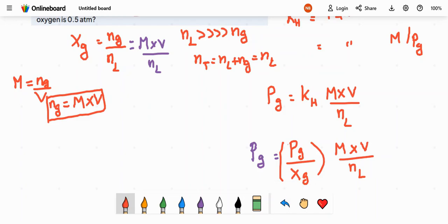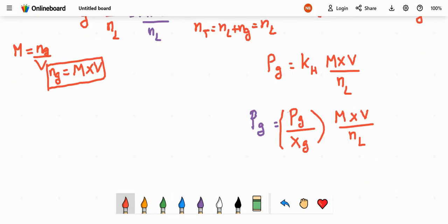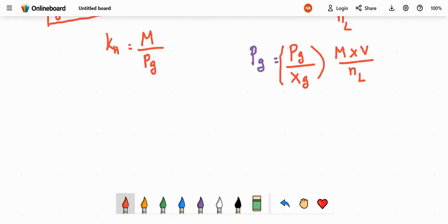And then here we are having only M by Pg, that is KH in terms of molarity by partial pressure of the gas, right? So I'm going to take that molarity and partial pressure of the gas alone. If I'm rearranging that, molarity, partial pressure of the gas will come here.